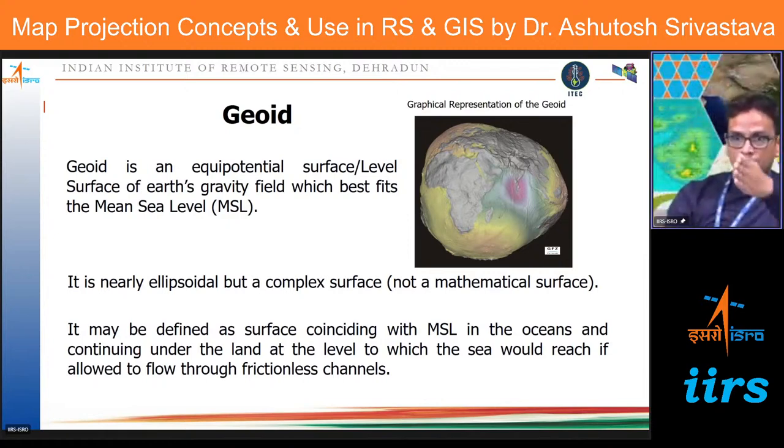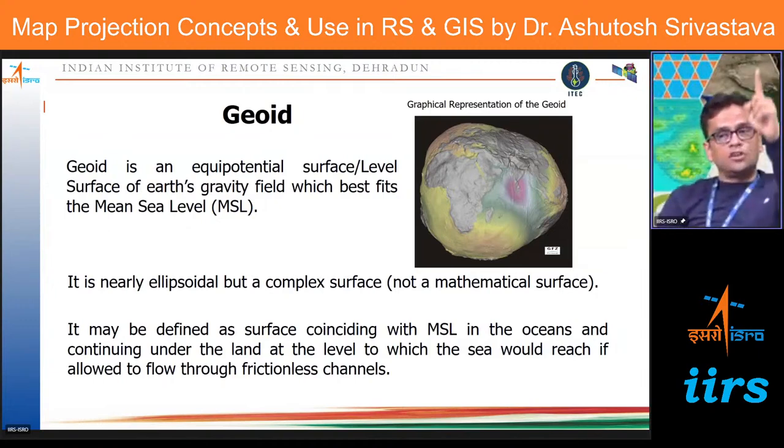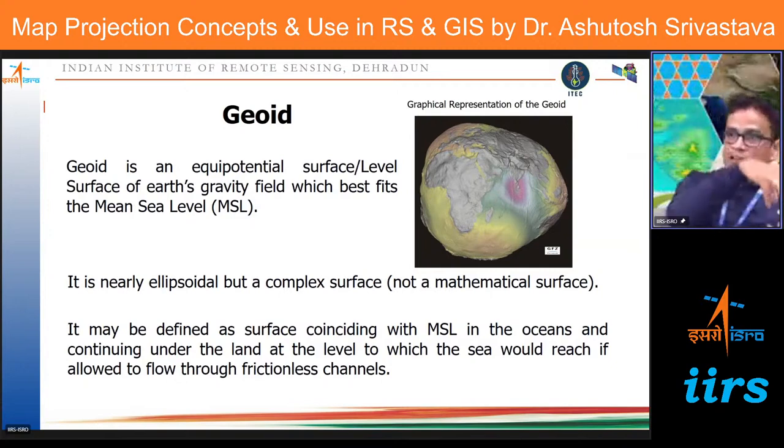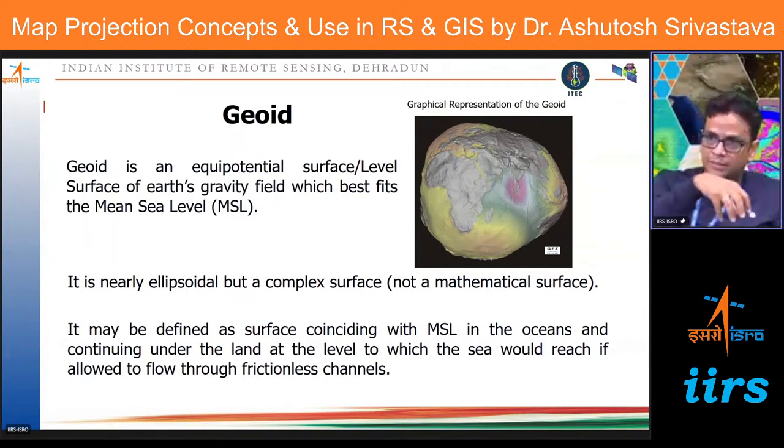So X will be the Greenwich meridian. Y will be perpendicular to the Greenwich meridian, and it will be in the equatorial plane. The Z axis, or the rotation axis, will be perpendicular to both axes, X and Y. That means we are making it more real. So this is called a datum. A datum is basically dependent on one ellipsoid. An ellipsoid is just a mathematical surface.